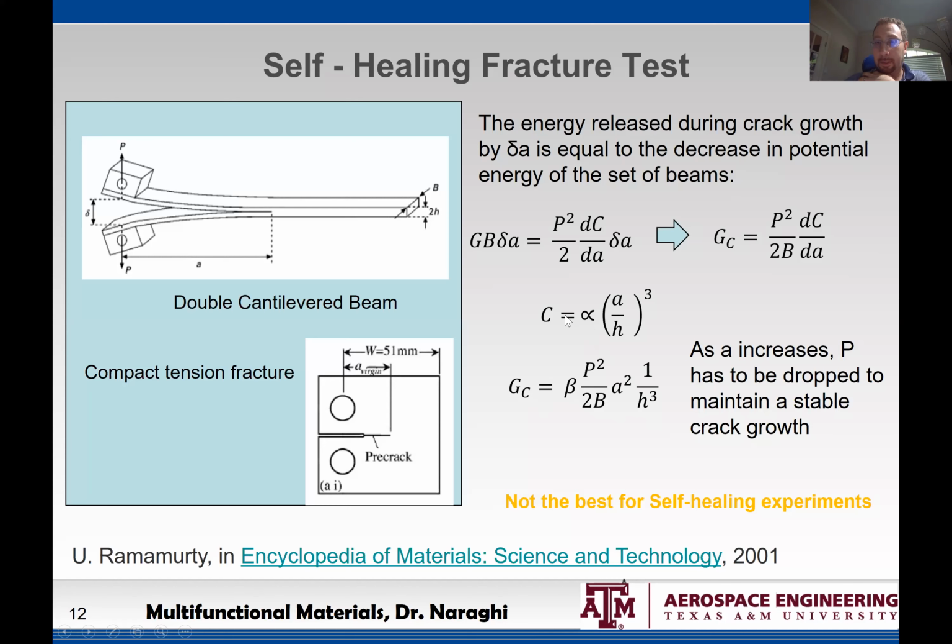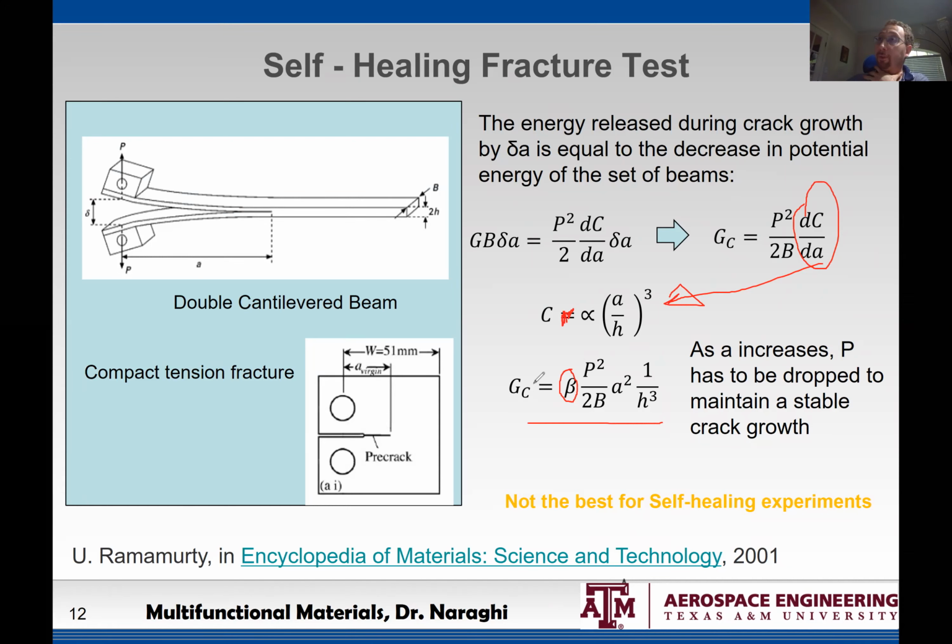Please correct this equation: there's no equal. C is proportional to alpha over H. And for GC, the proportionality constant, I call it beta. When you put, instead of dC/dA, its value based on this proportionality, you get this equation.